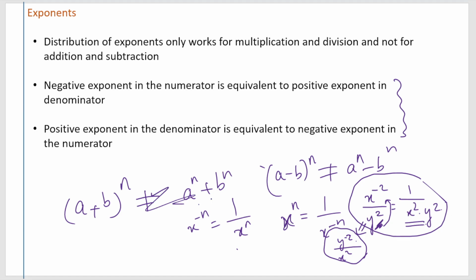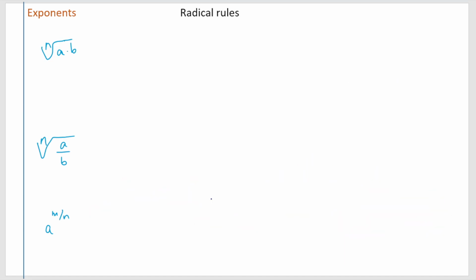Next, we'll come to another topic called radicals in algebra, radical rules and all. So see, some of the rules here: the nth root of a times b is equivalent to the nth root of a times the nth root of b, and the nth root of a/b is the nth root of a divided by the nth root of b.